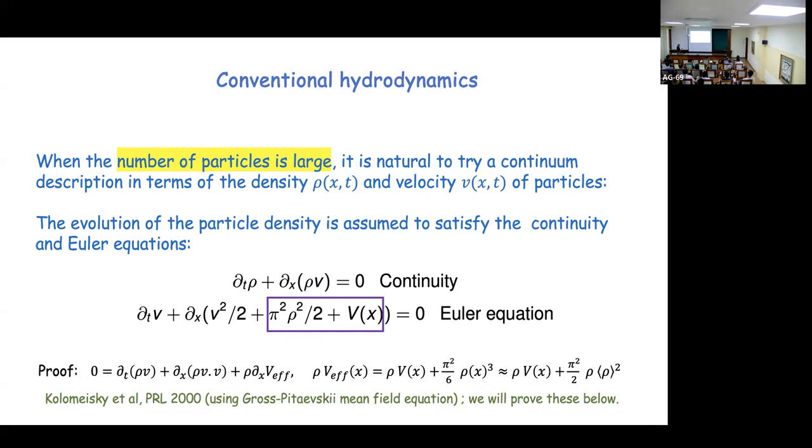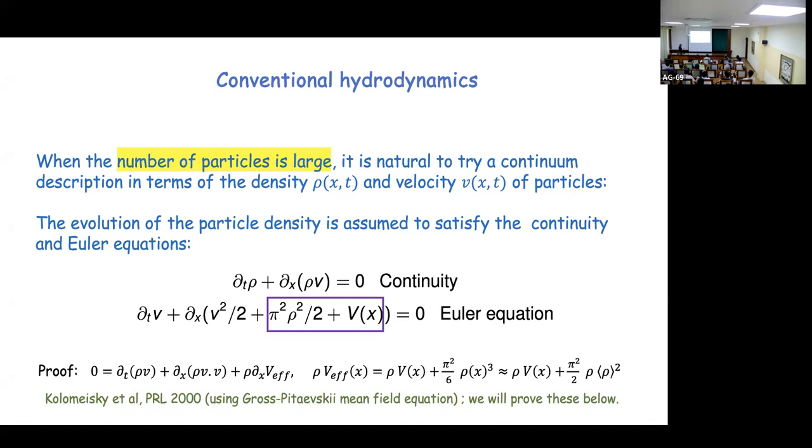So this term is about external force. This is an external potential in which the fermions are put, and this term comes from the Fermi degeneracy pressure.